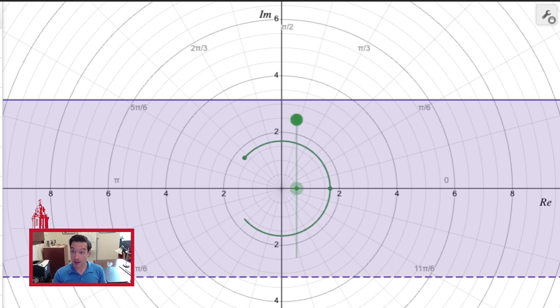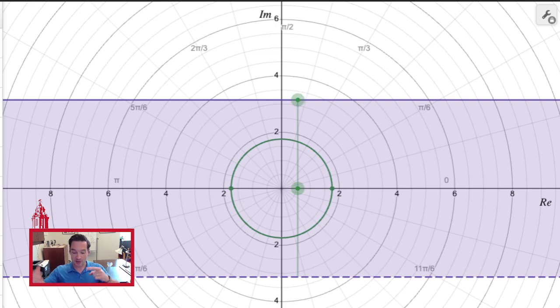But in order to get all possible angles without repeating any angles, we can't let the points in our domain be separated by more than 2 pi, because then the periodicity is going to make this not a one-to-one function. And so the way to get the maximal amount of image out of this function is to stop right at the horizon where we would have points separated by 2 pi i, by including the vertical coordinate of pi, but not including the vertical coordinate of minus pi.